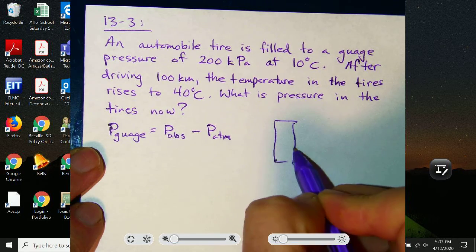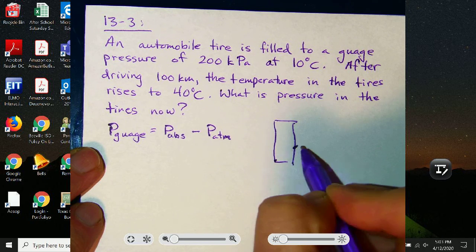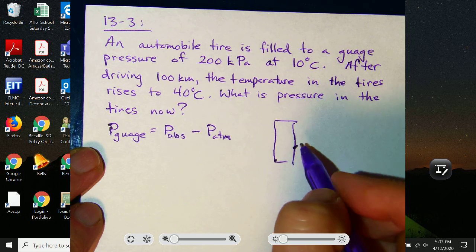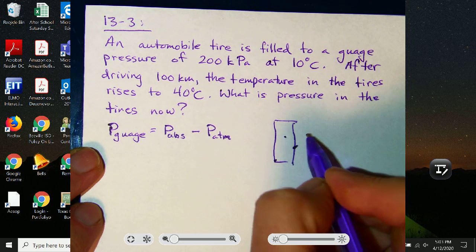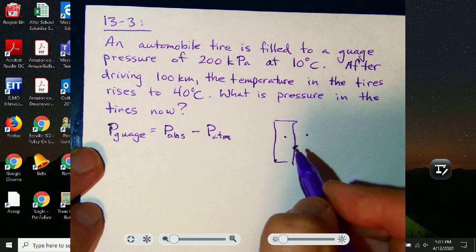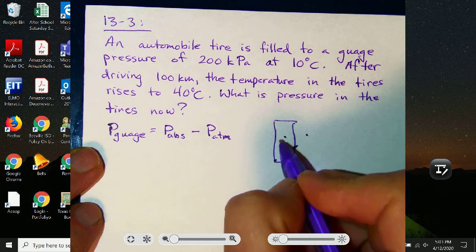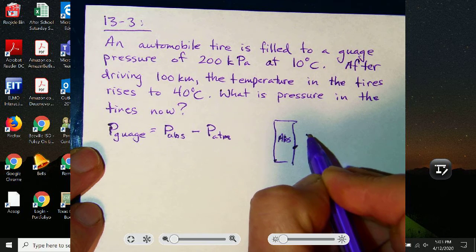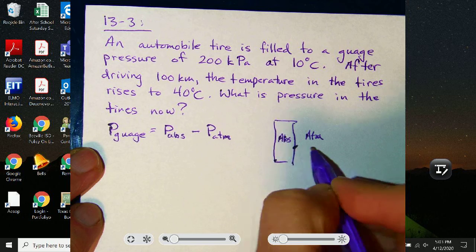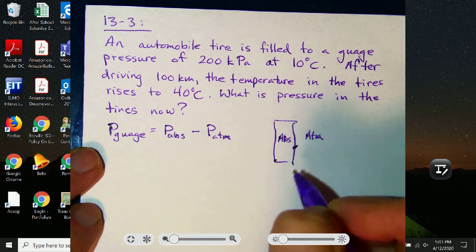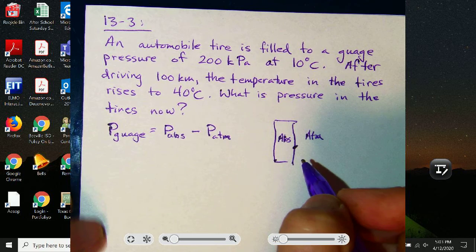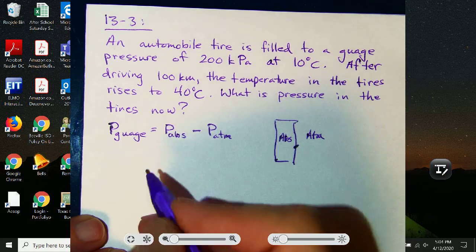Basically, if we're looking at a tire with the valve stem, it's the difference between here and here. So we have the absolute pressure and we have the atmospheric pressure. Our gauge pressure is the difference between the two. So if you put a gauge on here, it's going to tell you the difference.